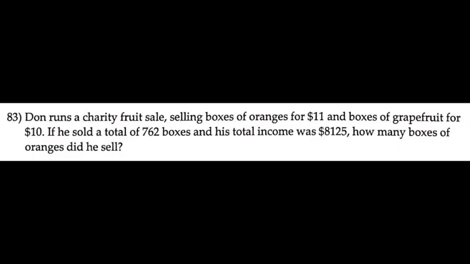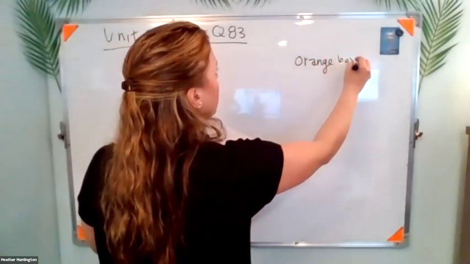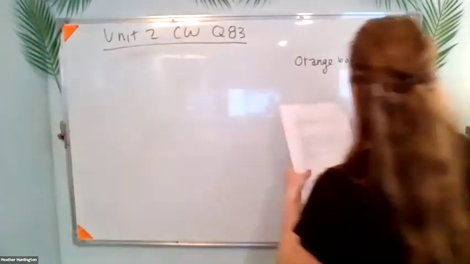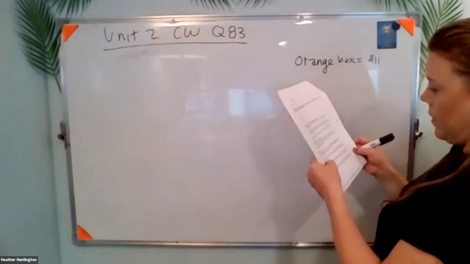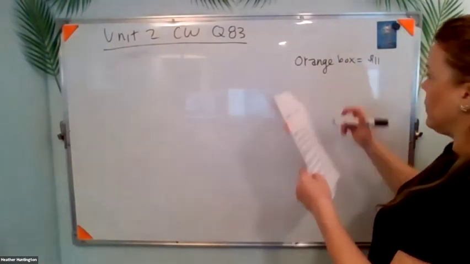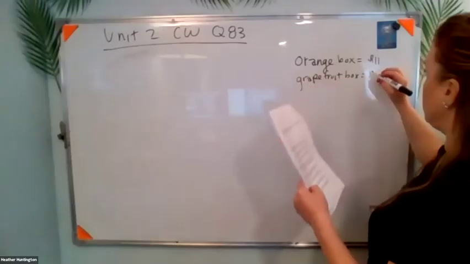So Dan runs a cherry sale, 7 boxes of oranges. So oranges, orange box equals 11 buckaroos. And grapefruit, box is 10 buckaroos.